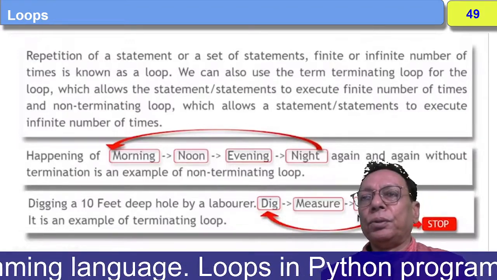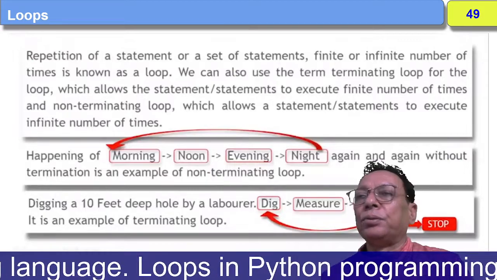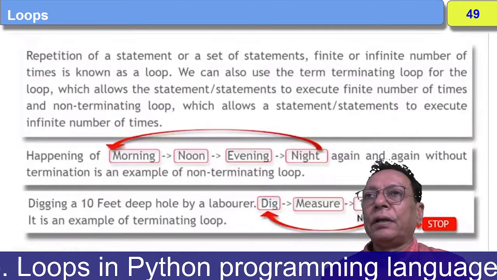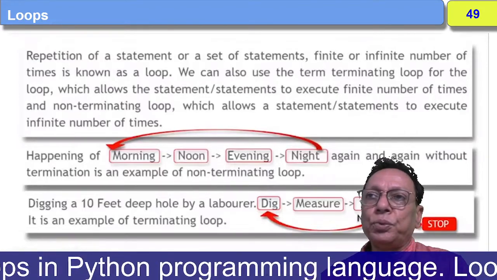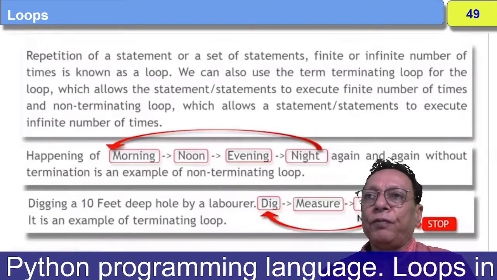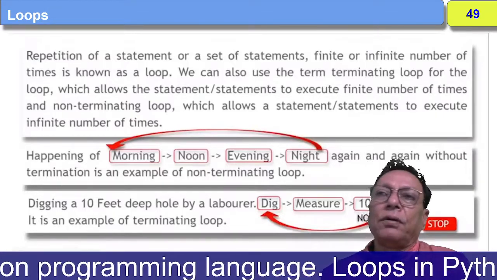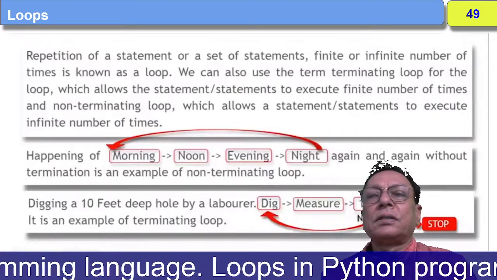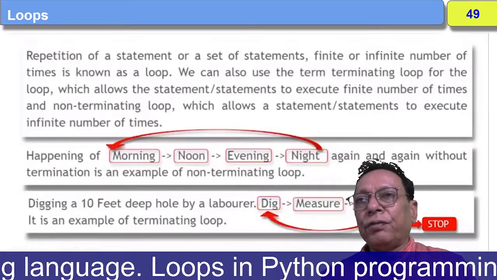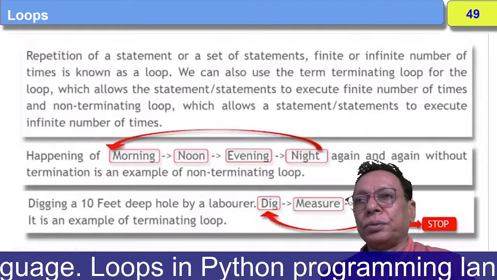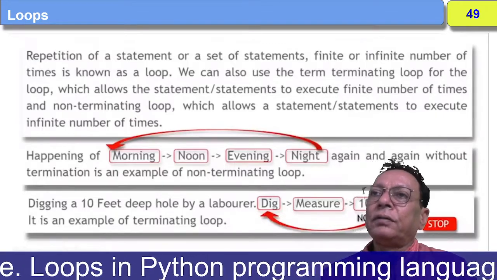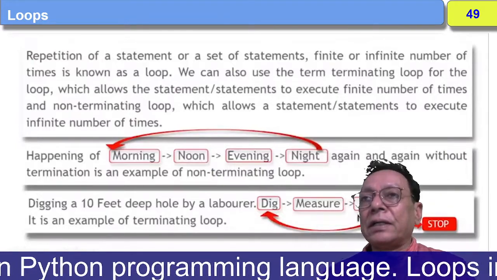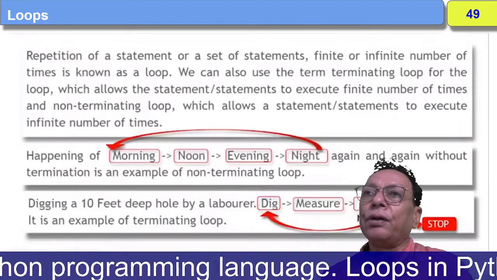So this is the infinite situation, every morning we see this, then after 2 or 3 hours we feel this is noon, after 11:30 a.m. it is noon, and after 3-4 hours it turns to evening, then night, and after 3-4-5 hours it turns to morning. So this is your infinite loop.